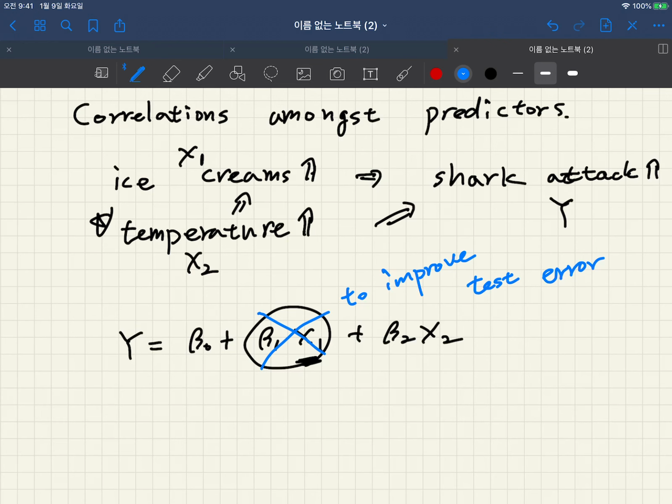Okay. So in chapter 5 and chapter 6, we will study these things very much: how to choose a good model, how to choose the input predictors among many.